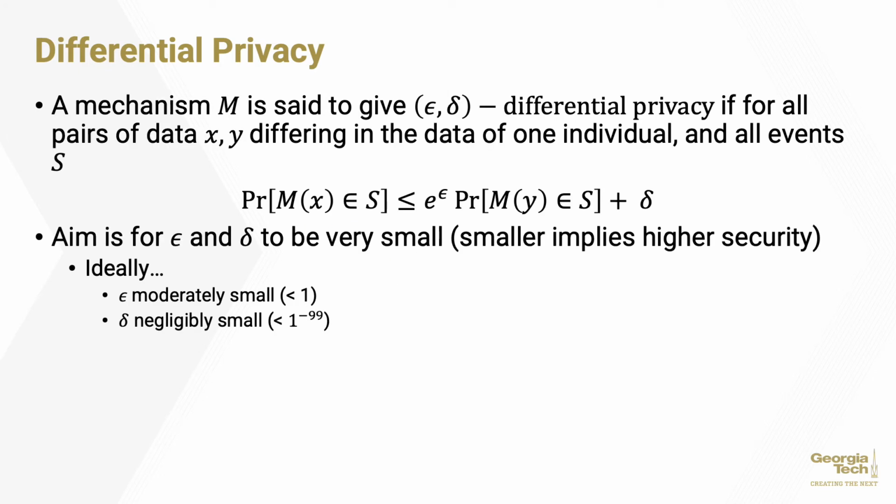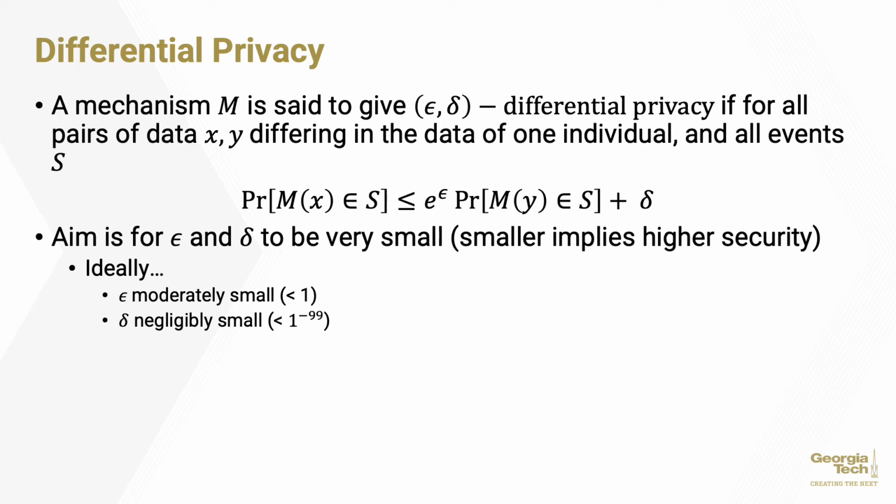To wrap up the conversation on what is differential privacy, I will close with this specific type of differential privacy that we are working with when discussing this paper. This is called epsilon-delta differential privacy. A mechanism is said to be epsilon-delta differentially private if for all pairs of data X and Y differing in the data of one individual and all events S, the probability of seeing event S when the dataset is X is approximately the same as the probability of seeing event S when the dataset is Y. They are at most e to the epsilon plus delta different.